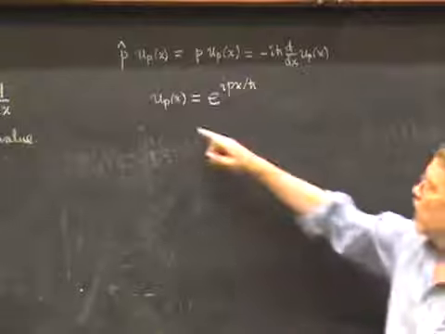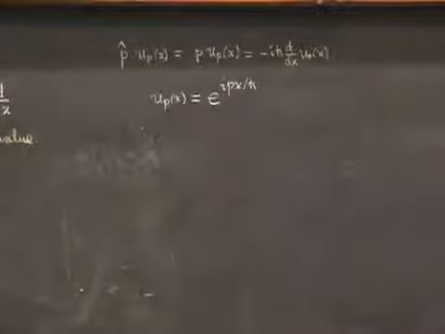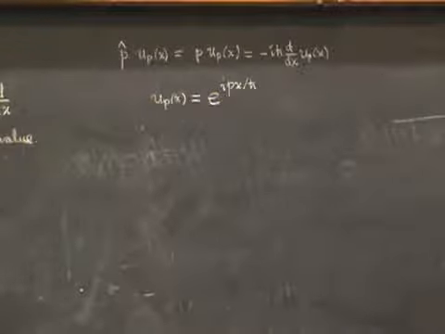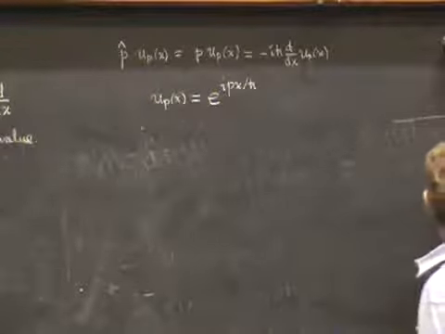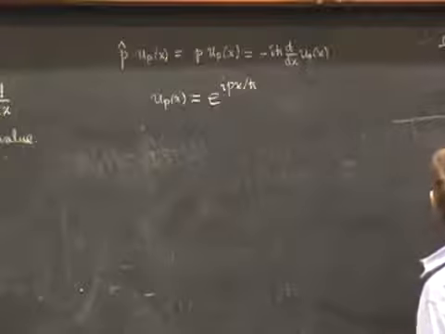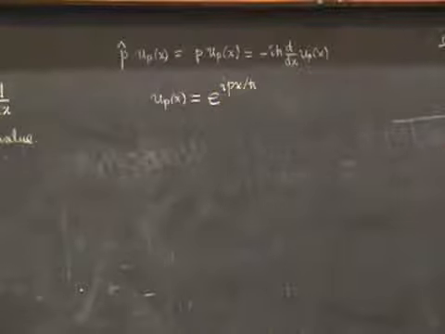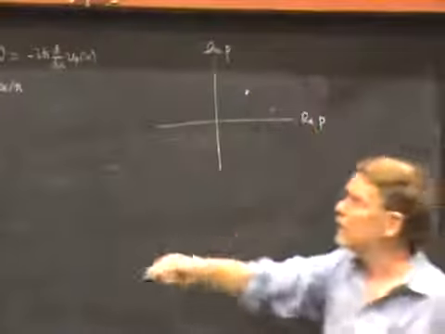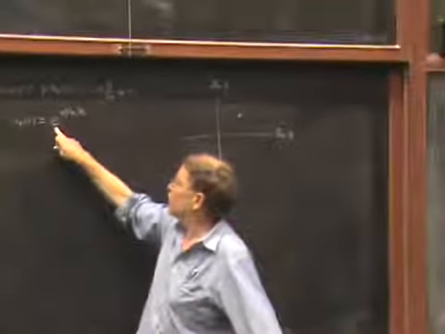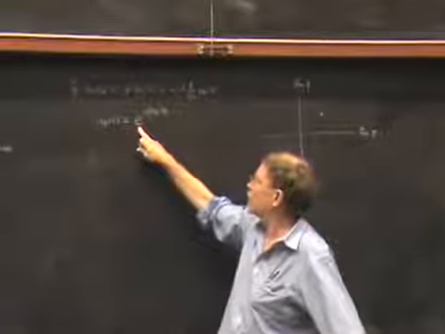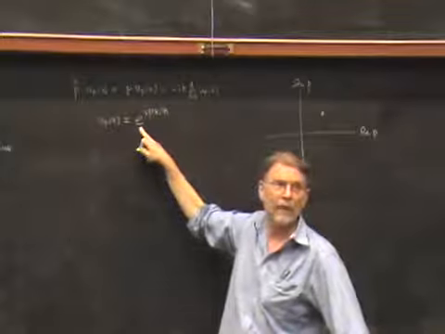But let's just notice that if p had a non-zero imaginary part, if we look at the eigenvalue plane, which is our real p, imaginary p, if you imagine an eigenvalue which is off here in the complex plane with a non-zero imaginary part, then this function would diverge exponentially, either for positive x or for negative x, and it would be rather badly behaved.